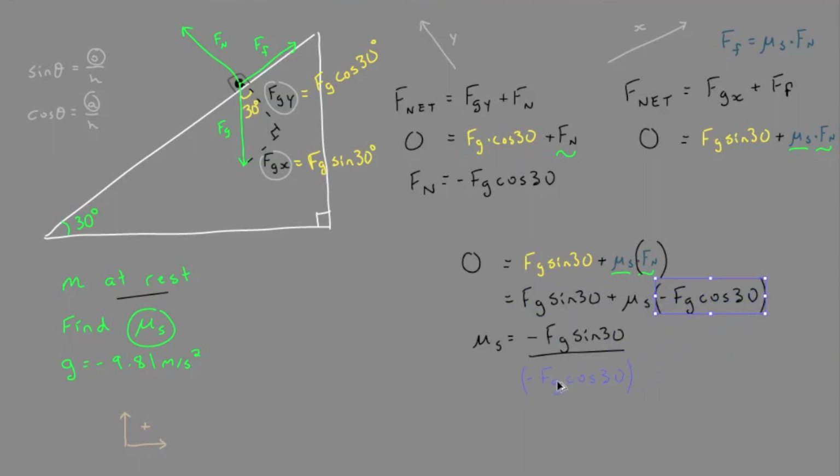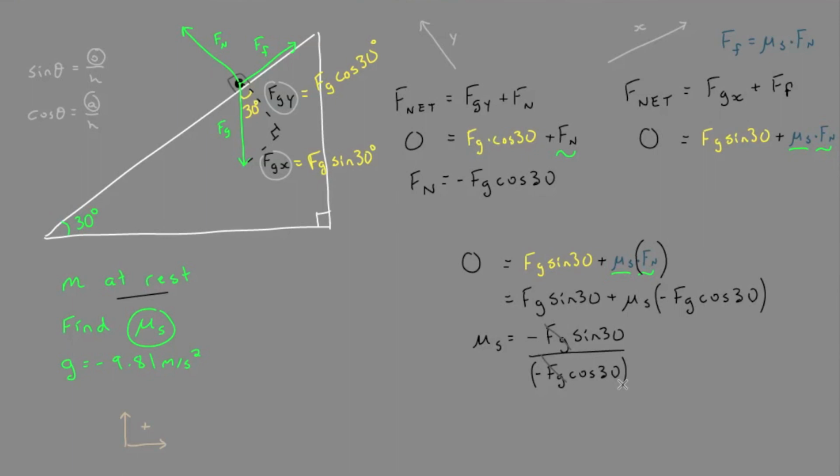So I'm kind of doing a few steps at once here, but I think most people understand order of operations and rearranging. Now we have one term on the top and one term on the bottom. We can cancel Fg. Negatives also cancel. So we have the sine of 30 divided by the cos of 30. If you remember identities, some people have done identities already, that equals the tan of 30.